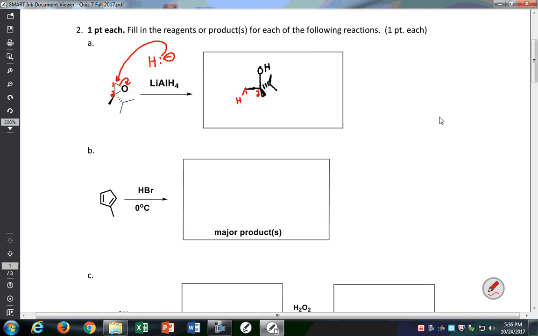If this was a Grignard, you'd have the same reaction. If this was an OH negative, you'd have the same reaction. So it's just a matter of, here you have a new hydrogen-carbon bond, because that is a source of hydrogen nucleophile. So you didn't have to draw that hydrogen, but the alcohol is attached to carbon 2, and nothing changes with that stereochemistry.